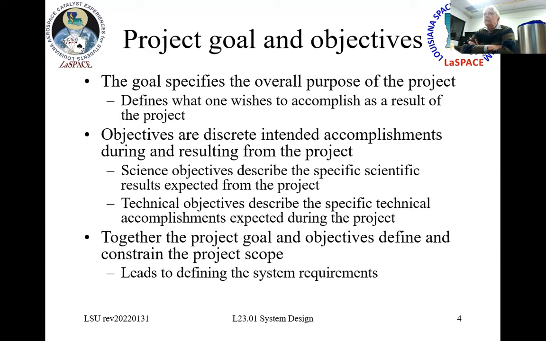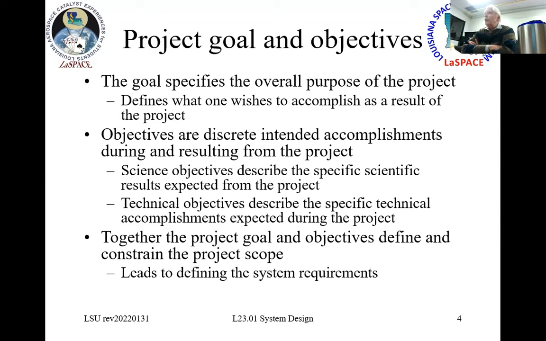Scientific objectives are specific about accomplishing particular scientific goals. So for a goal that we've had, a scientific objective would be to identify the temperature profile as a function of altitude, right?